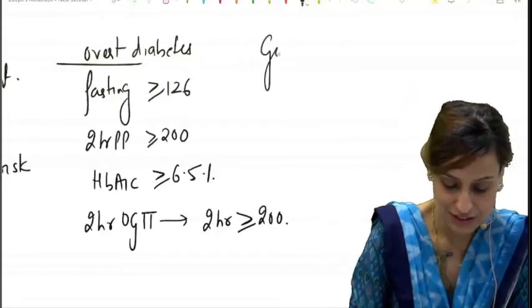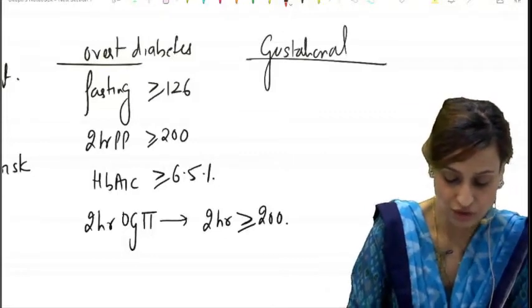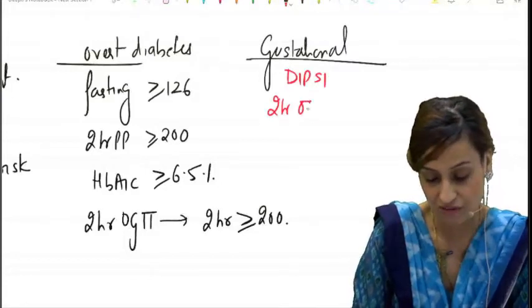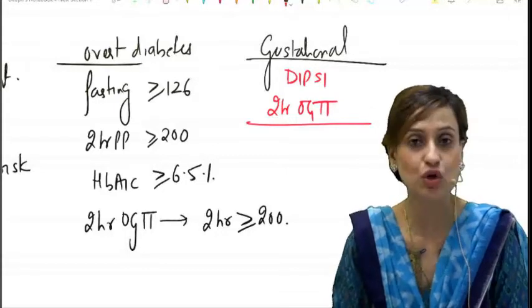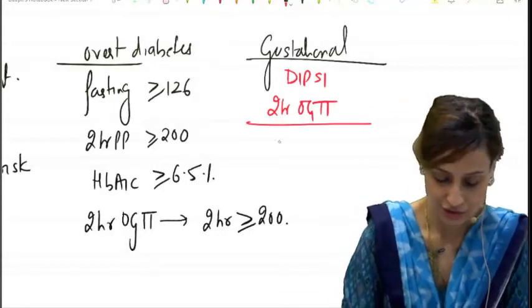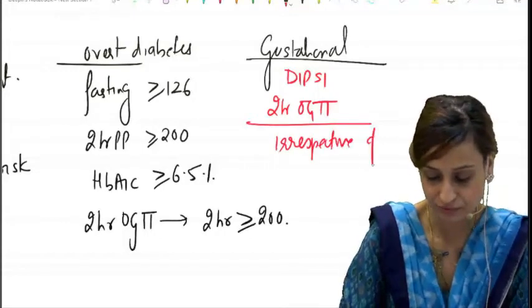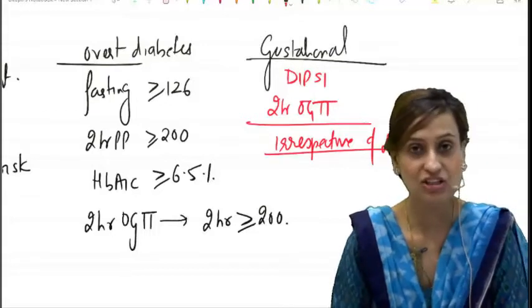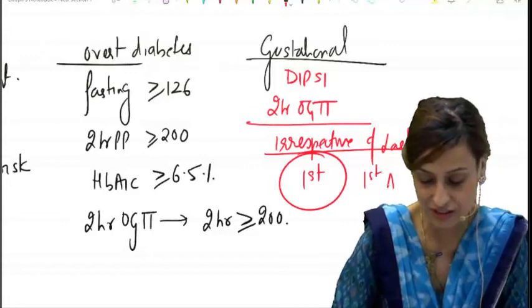For gestational, which is what is seen with the DIPSI test, or also called the 2-hour OGTT test, right? Please remember, for this test, the woman does not need to be fasting, right? So you are going to do this test irrespective of her last meal. Whenever the patient comes to you, that is the first time of the testing, the first antenatal checkup.